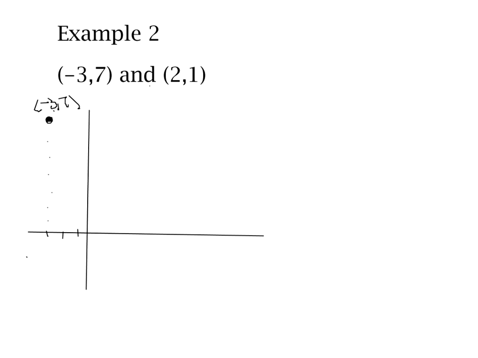Alright, let's look at another example. Example 2 is minus 3, 7, and 2, 1. So, minus 3, 1, 2, 3 to the left, 7, 1, 2, 3, 4, 5, 6, 7. And then we have the point 2, 1, so there's 2, 1.